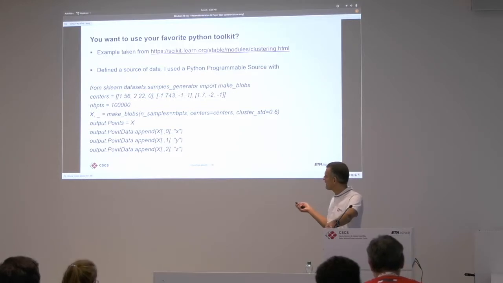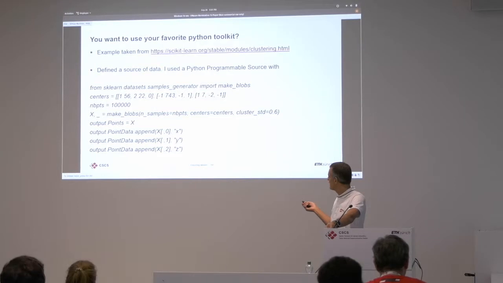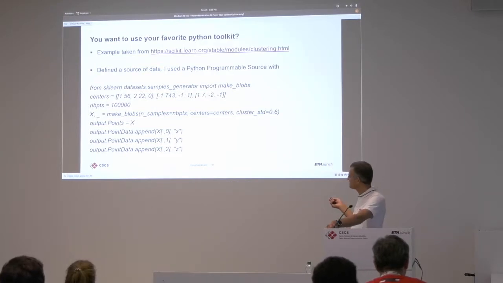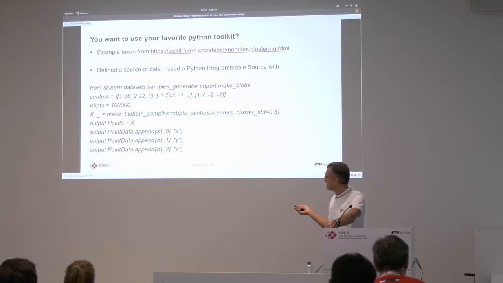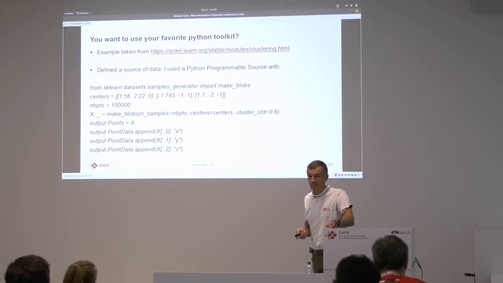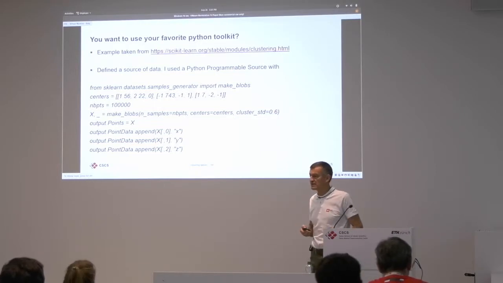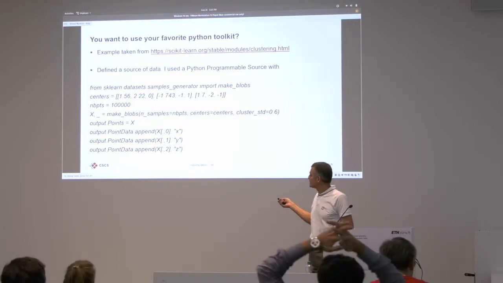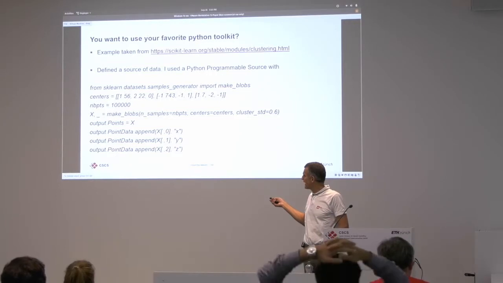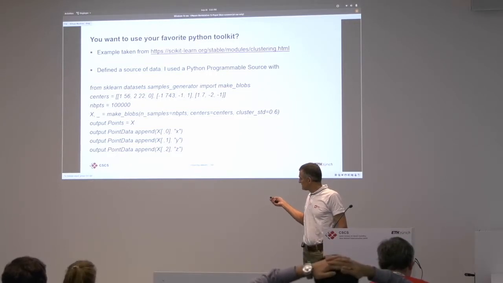And the result of making this function call, using the centers and the number of points and a standard deviation set as this, is an array X, which can be indexed just like in normal Python fashion. The first component, X, column 0, is the X component of the coordinates of those points.